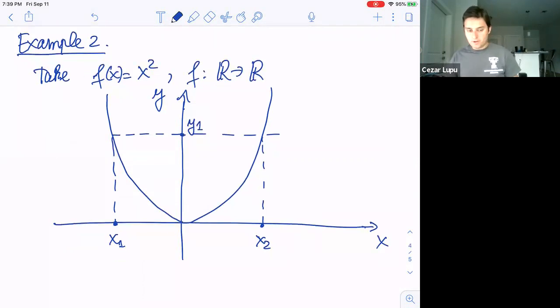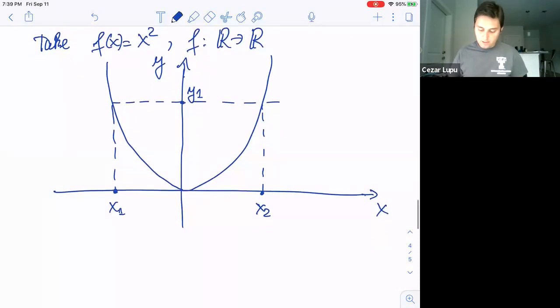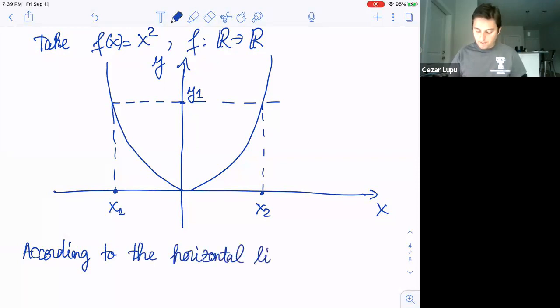Well, if you look at the picture, and we've talked about the horizontal line test, according to the horizontal line, the function is not one-to-one.